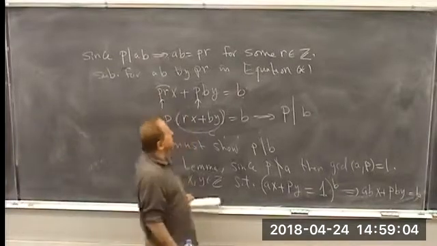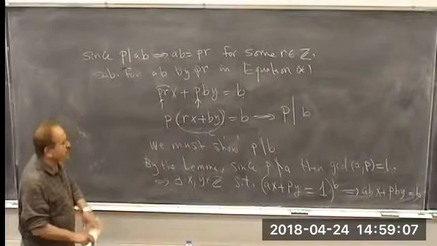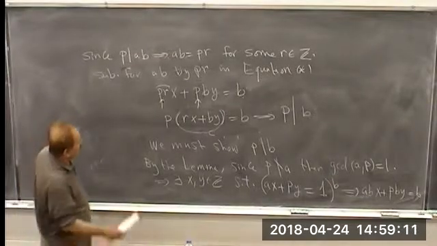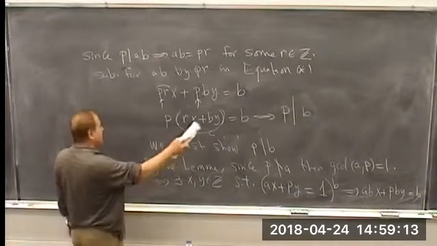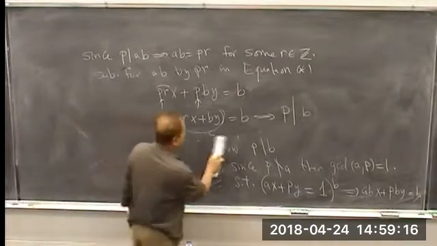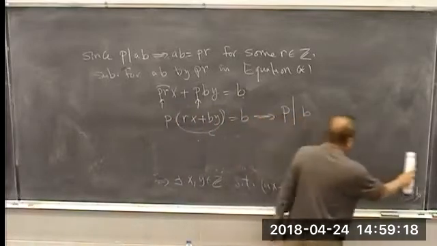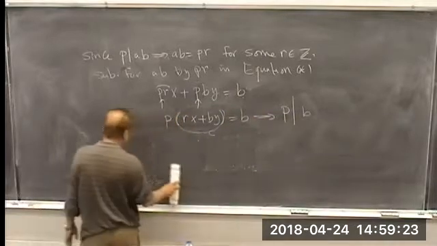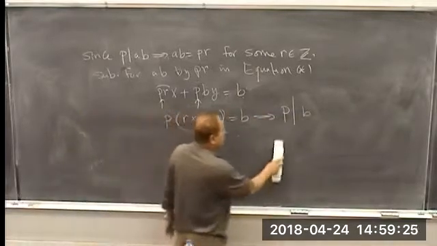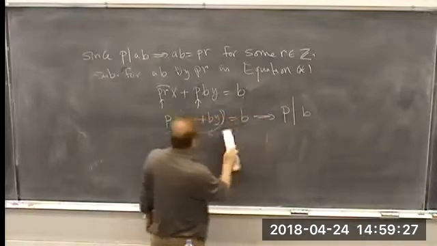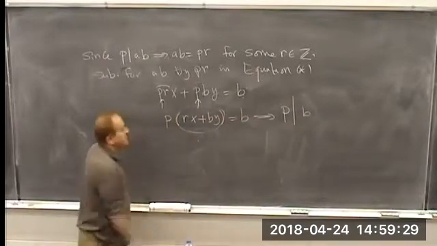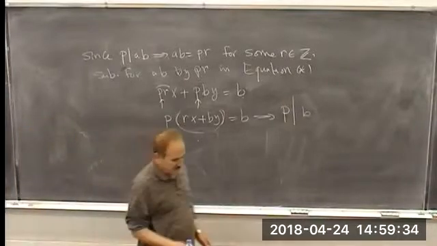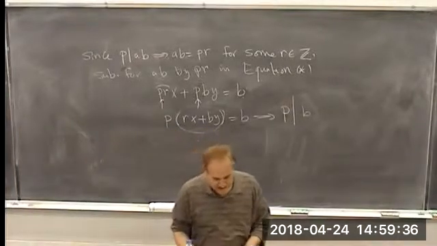Of course, you could say that if we reverse the argument, in the sense that P does not divide B, then we can show that the greatest common divisor of P and B is equal to 1, then P divides A. By symmetry, of course, we don't need to do this.